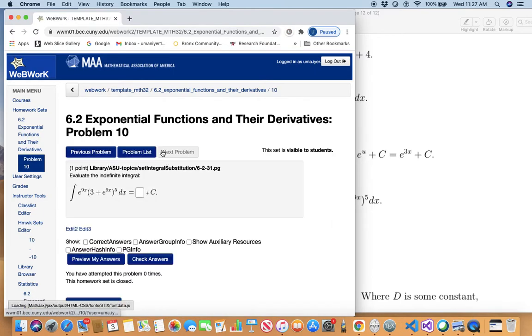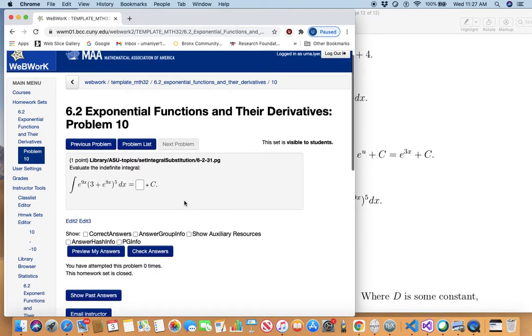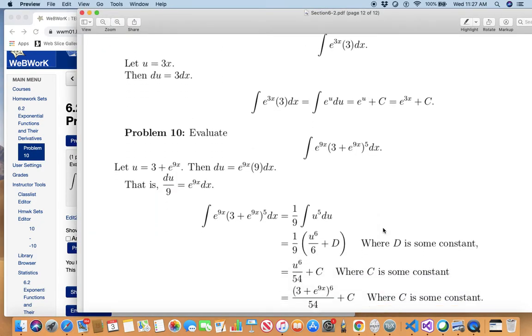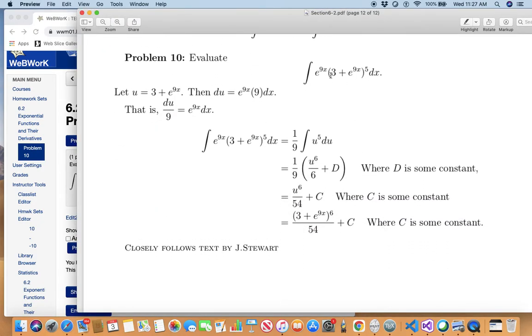Okay. Next problem. This is the last problem. The integral of e to the 9x times (3 plus e to the 9x) to the power 5 dx. You can see there is some substitution, because that's the complicated one with a power of 5, so you need to substitute all of that. Take 3 plus e to the power 9x, call that u.